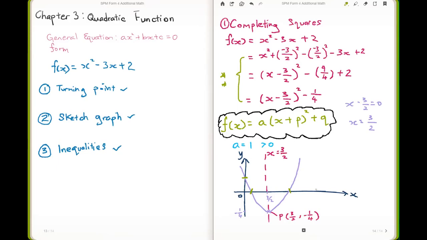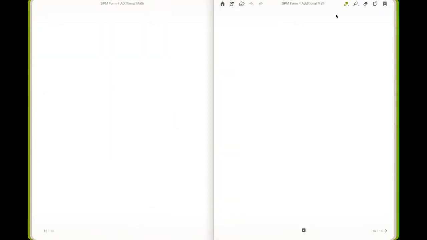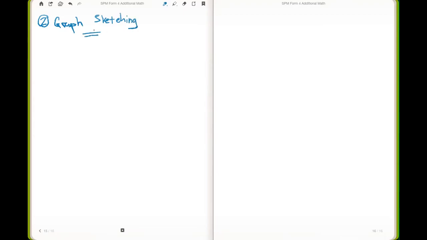There are a few things to consider. First, for graph sketching, part 2, graph sketching. You have seen in the previous page how I manage to get y, 0, x.